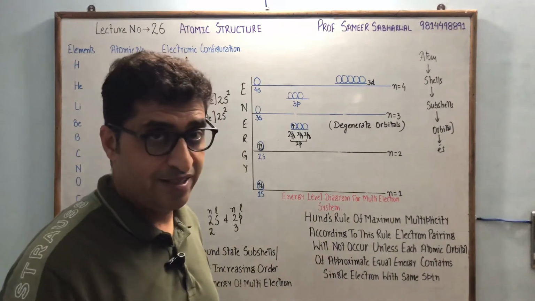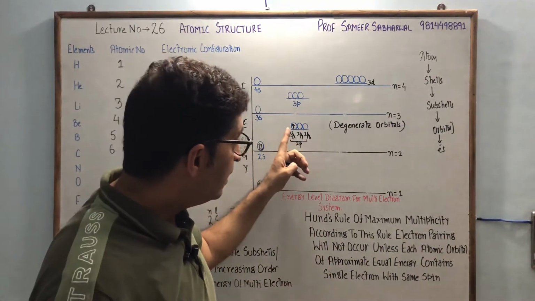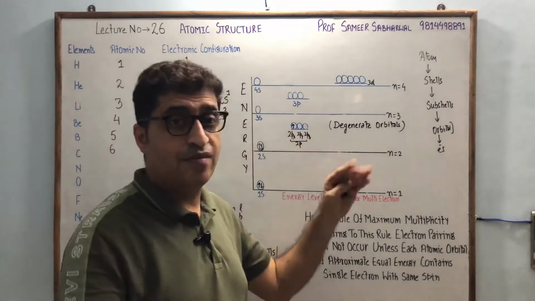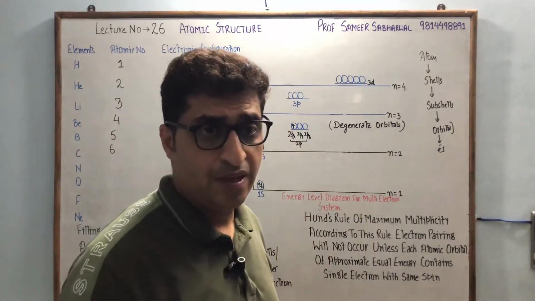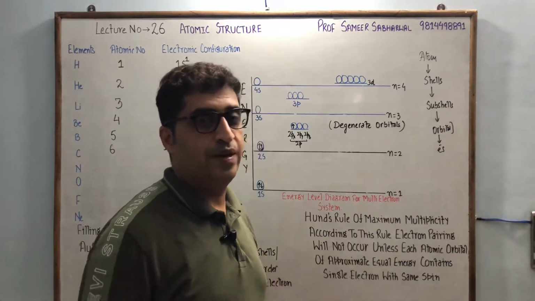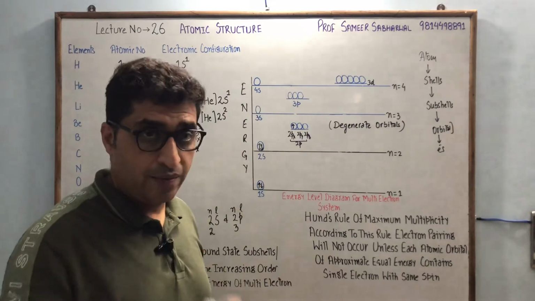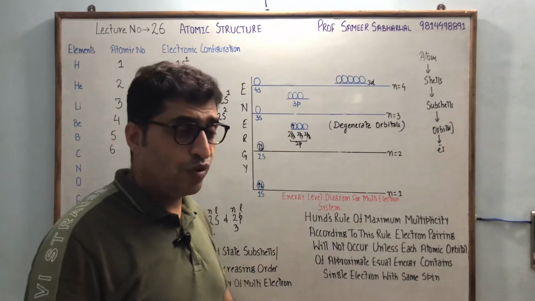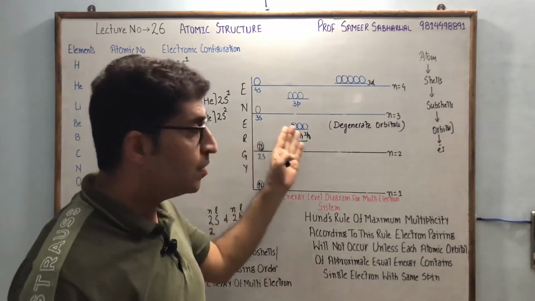This rule says, if we have a case where orbitals have approximately the same energy, then give 1 electron each to the orbitals with the same spin. Why? Because all of them have the same energy, so we cannot differentiate. We cannot say give 2 electrons to this one first.